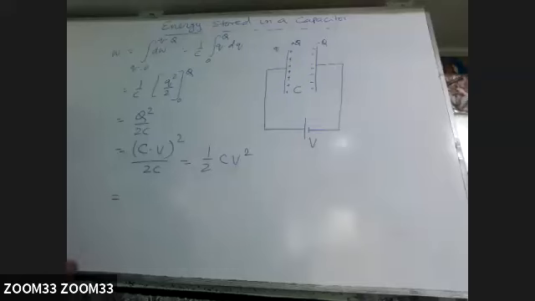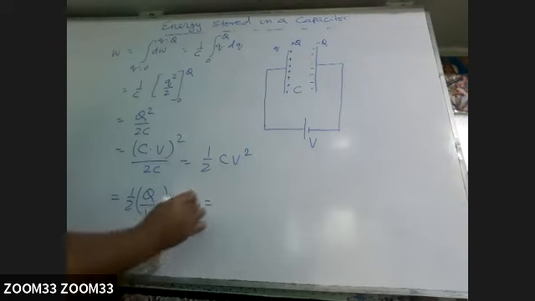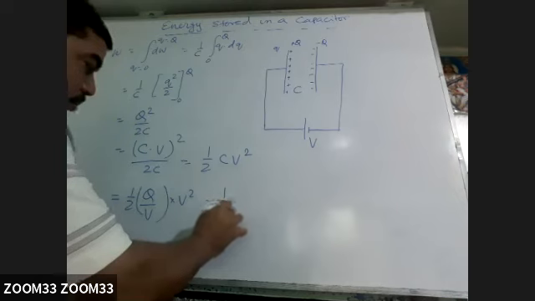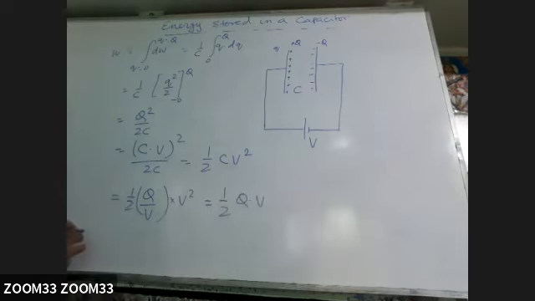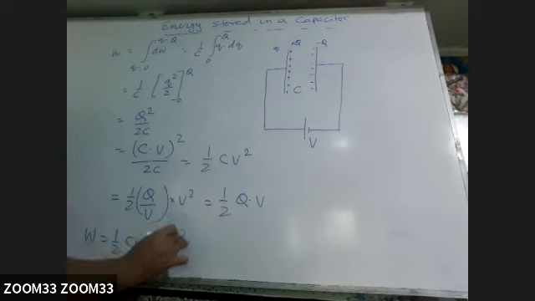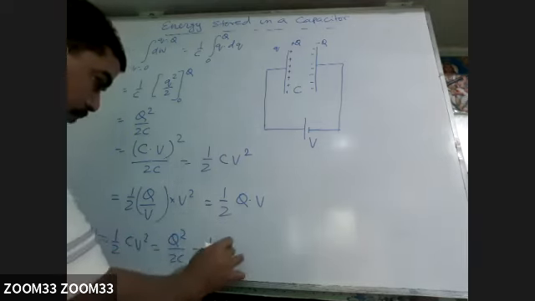In place of C, if Q and V are given, then it will be Q by V into V square, so half QV. That means this work done is half CV square, or Q square over 2C, or half QV.